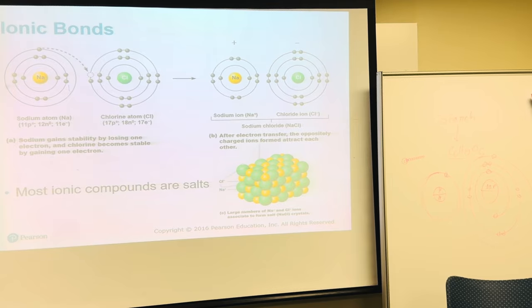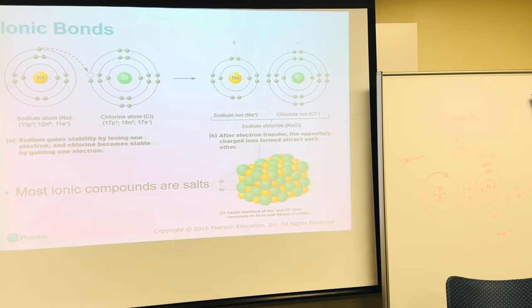They have to give out 1 or take 7. Do you think receiving 7 is easier or giving 1 is easier? Giving 1 is easier. So sodium is going to give 1 electron.